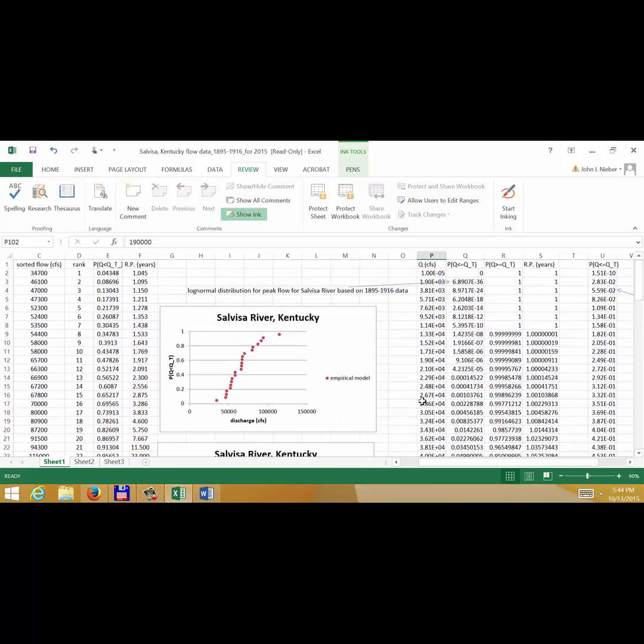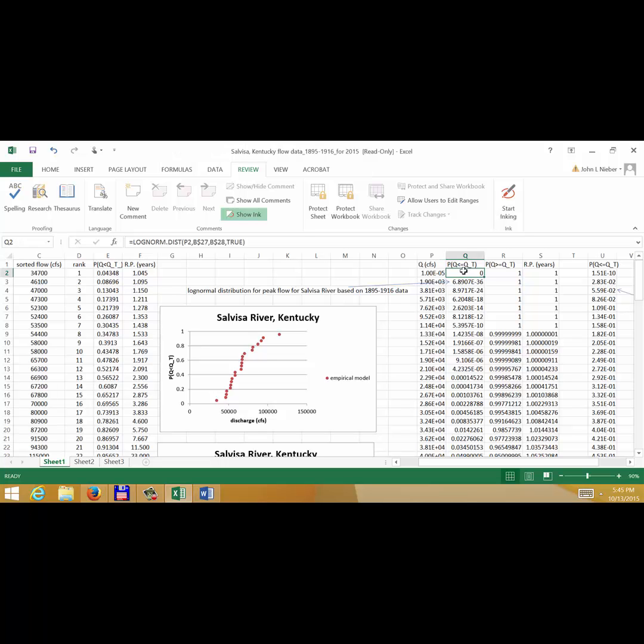Now what's nice is that Excel makes it very easy to calculate the probability that Q will be less than Q sub t for the theoretical model. Here I'm going to be using the log normal distribution, which is shown in the class notes for this topic. And it's very easy to use Excel to do that.